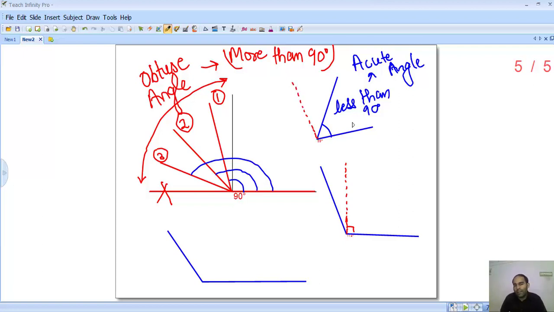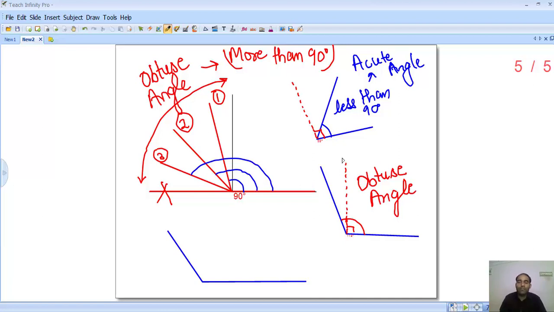This red one is a 90 degree angle, but the angle given to us is less than 90 degrees in one case. But here the angle which is given to us is going farther than 90 degrees. It is greater than 90 degrees, so it is an obtuse angle.